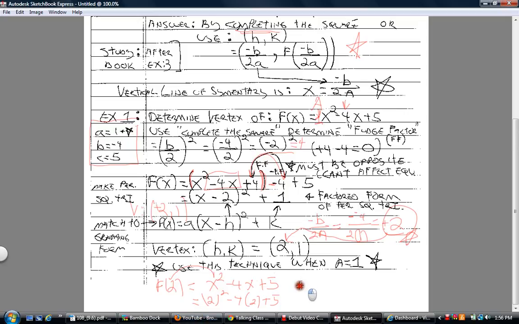Sorry, what do you get? 4 minus 8 plus 5. Do we get 4 plus 5 is what? 9 minus 8. Bingo. What do we get? 1. And that is our y output, which is the ordered pair x comma y. So there's the proof right there. Okay, hopefully you see that.